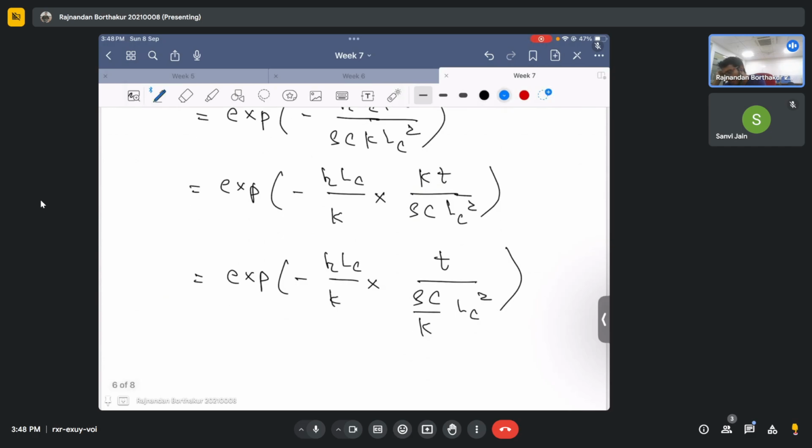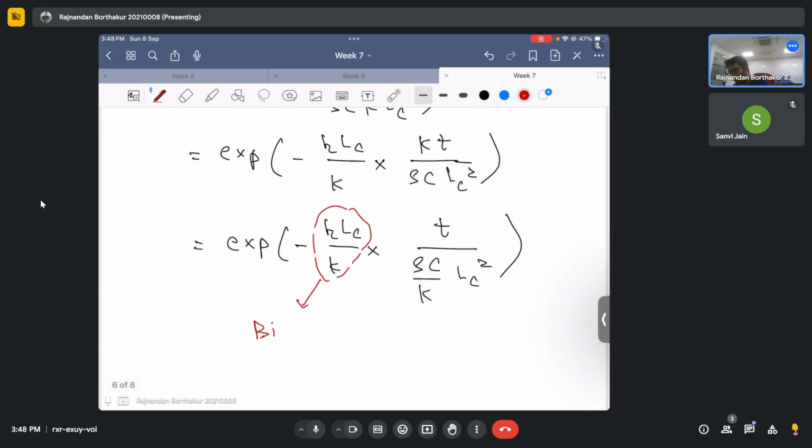Now tell me, what is this? We just now saw. This is the Biot number, right? That you just said just now. Can you tell me what is this ratio?